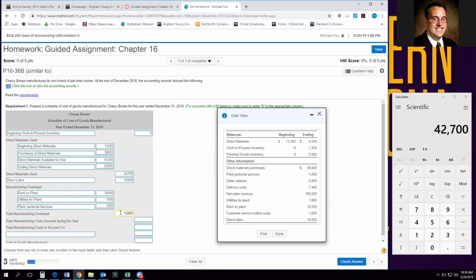And then we'll have our total manufacturing costs incurred for the year, which will be our direct material plus our direct labor plus our manufacturing overhead. So 71,500.